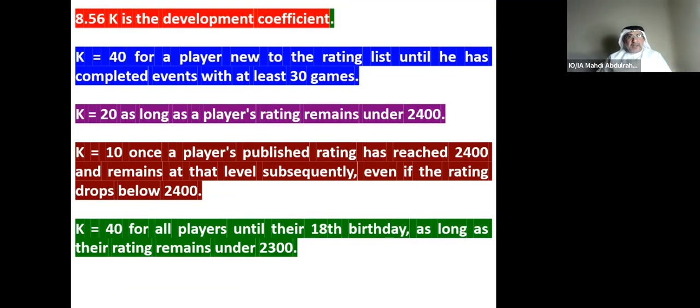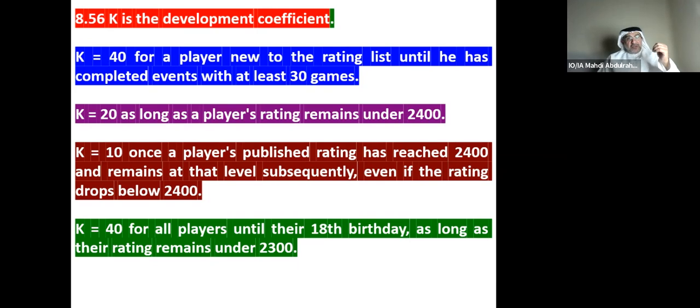When they have played 30 games, the K factor becomes 20, as long as the player's rating remains under 2,400. When they reach 2,400, the K factor becomes 10.